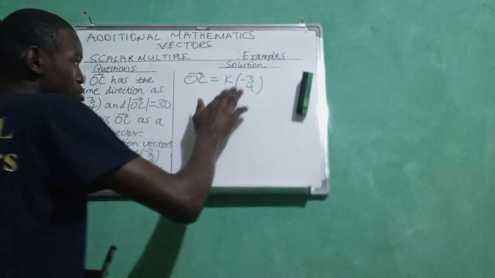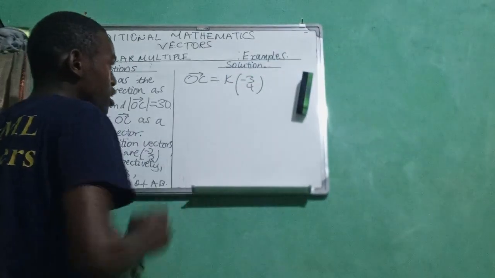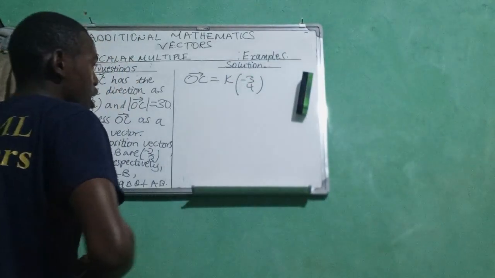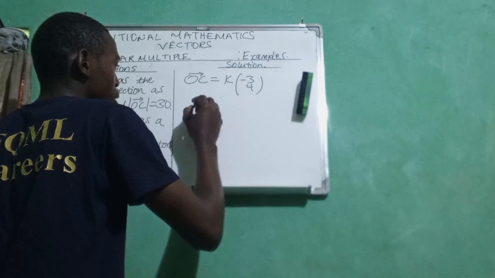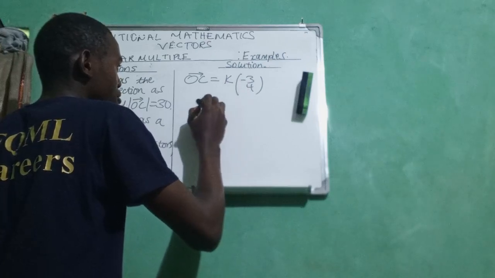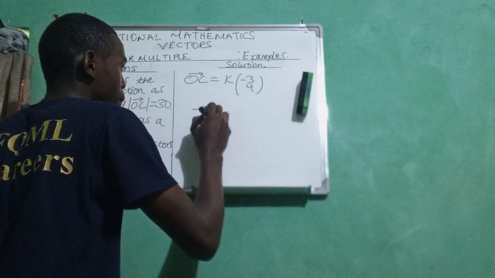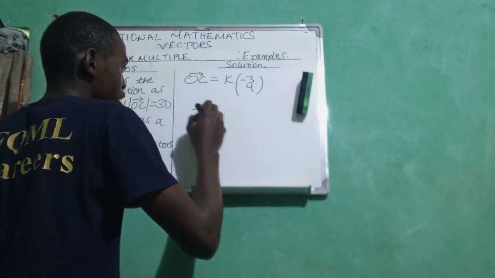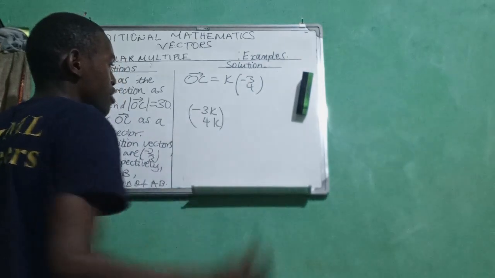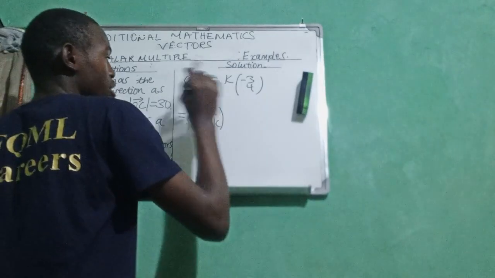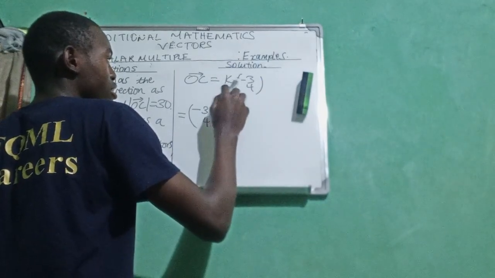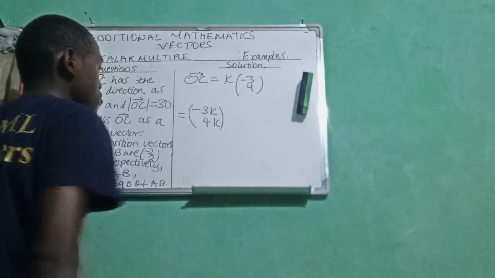Then we distribute this k, and we are going to have (-3k, 4k) as a column vector. We're just saying k times -3 and k times +4.